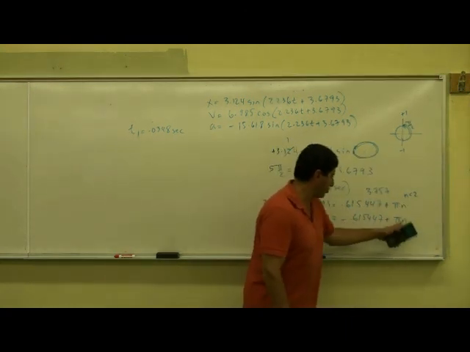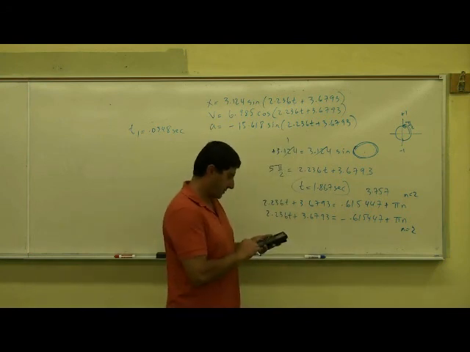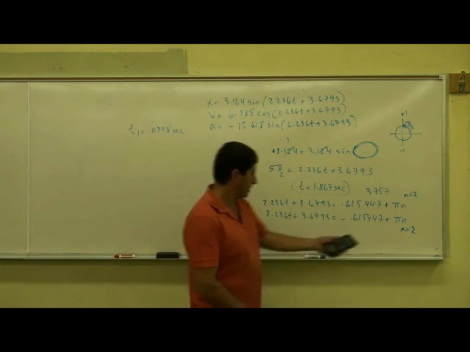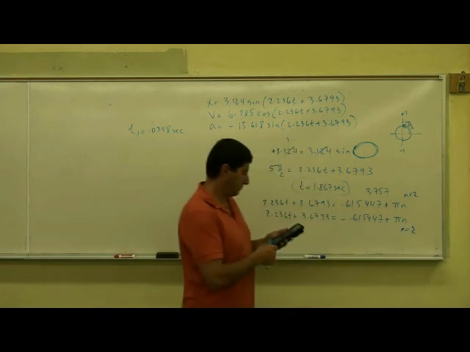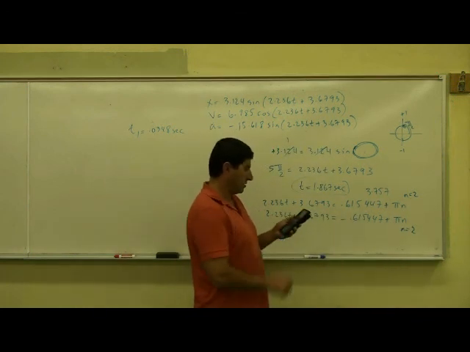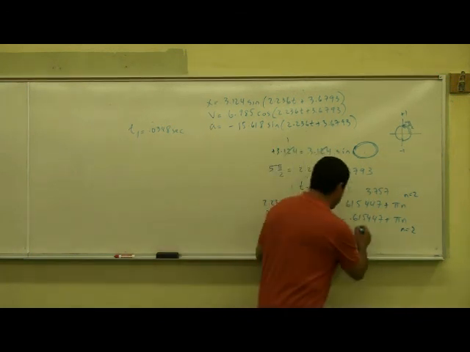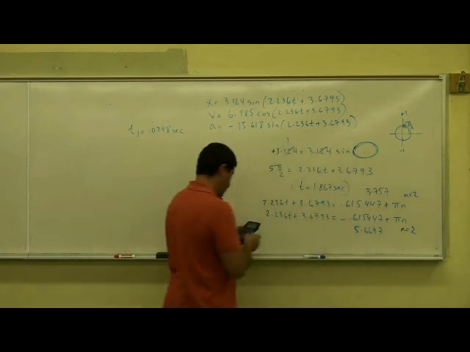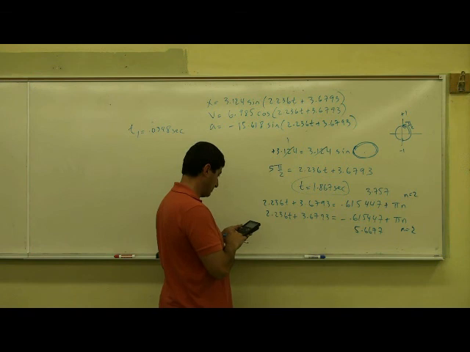So when I put n equals to 2 here, what do you get? 2 pi minus 0.615447, 2 times pi, minus this, I get 5.6677, then I subtract this number, and I divide that by 2.236.